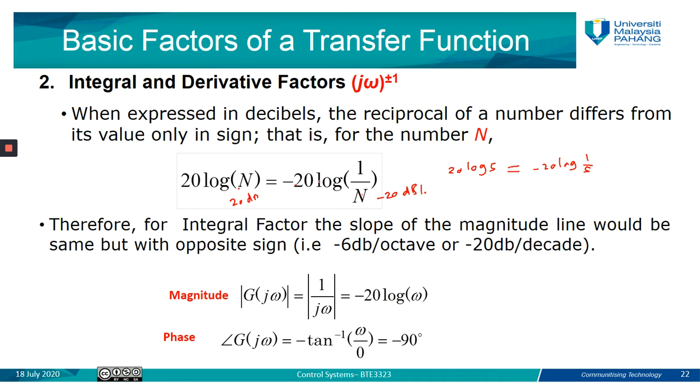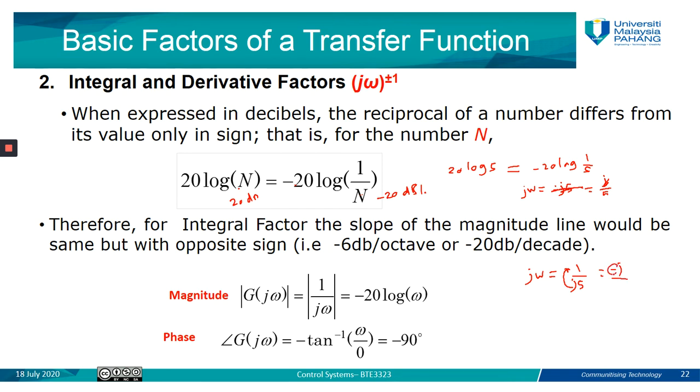And the angle for this case: if you have j omega equal to 1 over j5, the j will go up, so it will be negative j.